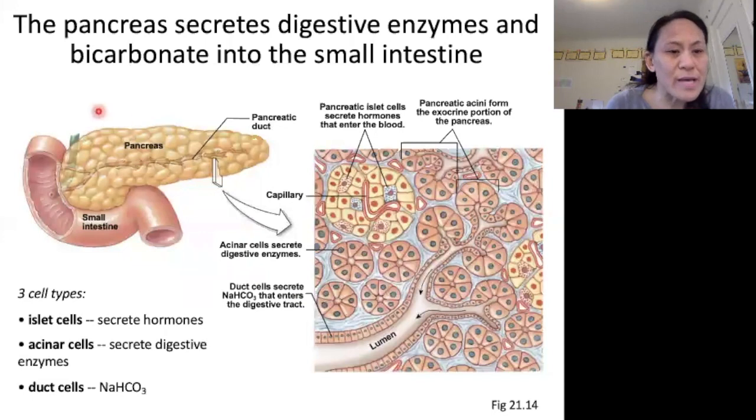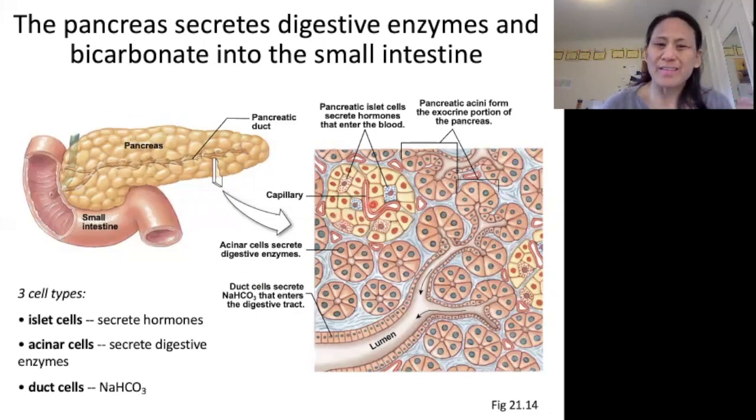Okay, so if we take the pancreas like this and we take a cross section of it like this, we're going to see something that looks like this. So we have two main structures in the pancreas. We have these what are called islets, which are collections of endocrine cells that are going to be secreting hormones into the bloodstream.